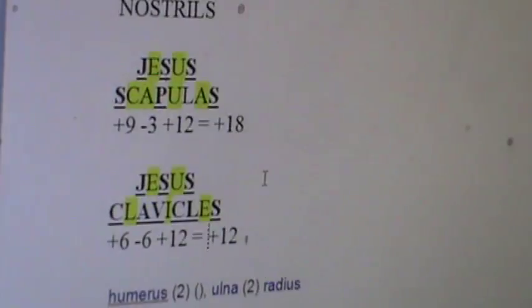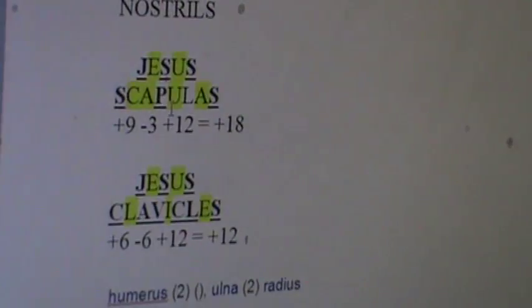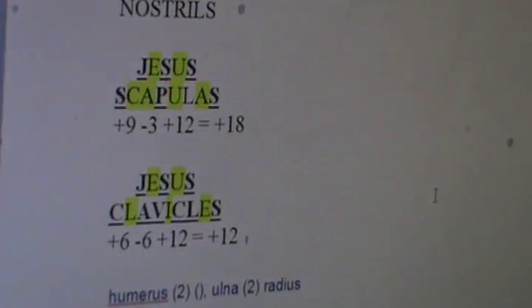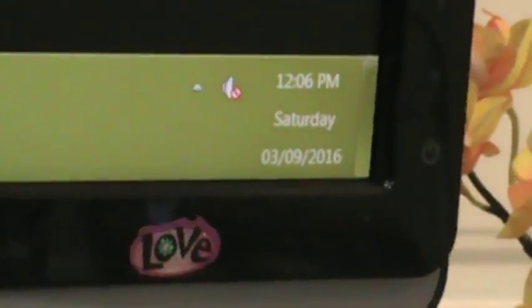So Jesus owns your scapulas, which are the shoulder blades, and he owns your clavicles, which are the bones that support your shoulder blades. Whoa, that is huge revelation. Current date and time divides by 3 nicely. Well, there's your 12:06 p.m. divides by 3 on the 3rd day of the 9th month, 2016, Saturday Sabbath equals triple love.